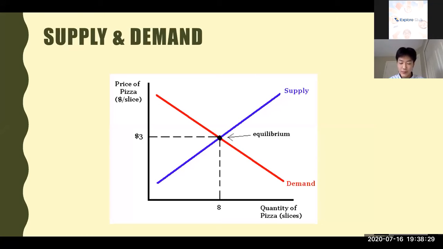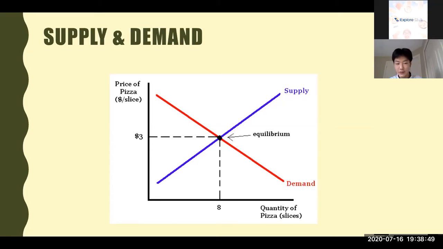The equilibrium means when the utility, which I have mentioned before, the happiness on both sides, is maximized, which means the seller gains as much profit as he can gain, and the buyer saves as much money as he can save to buy these pizzas.